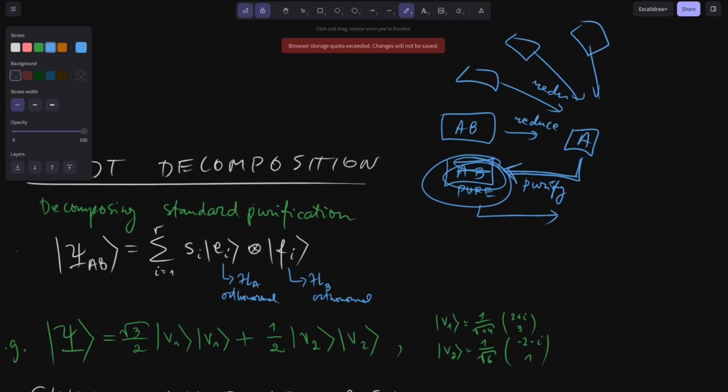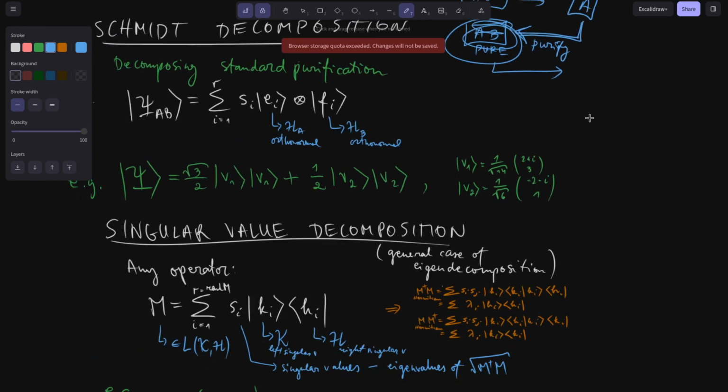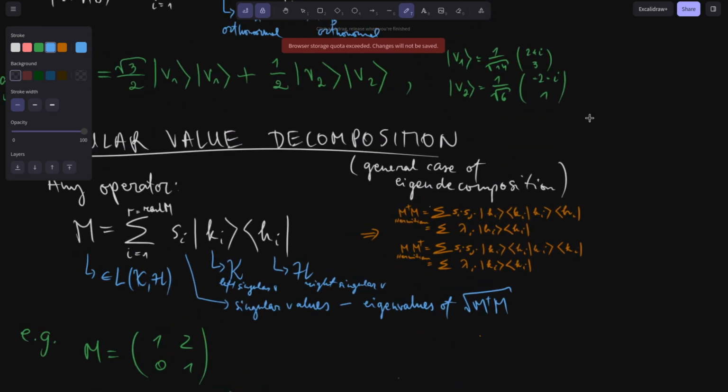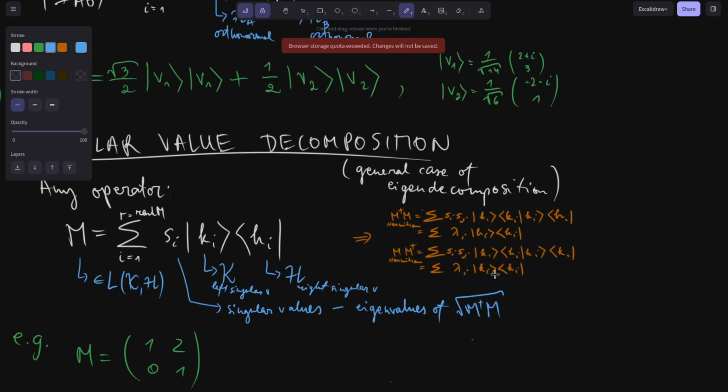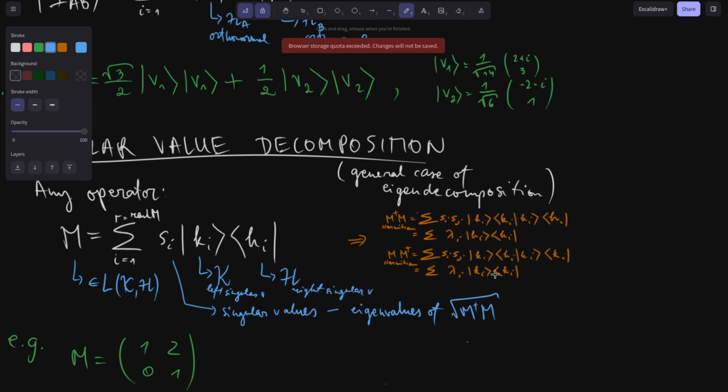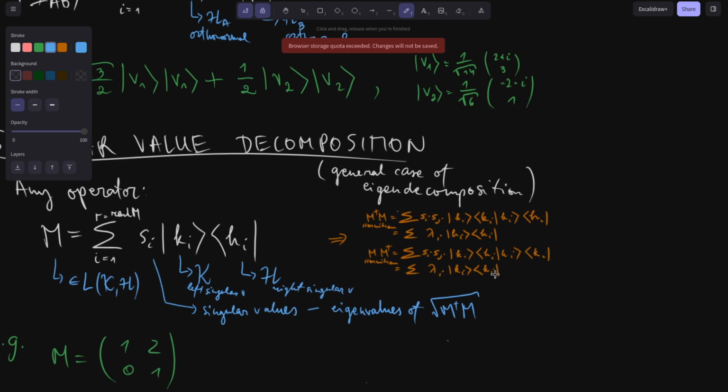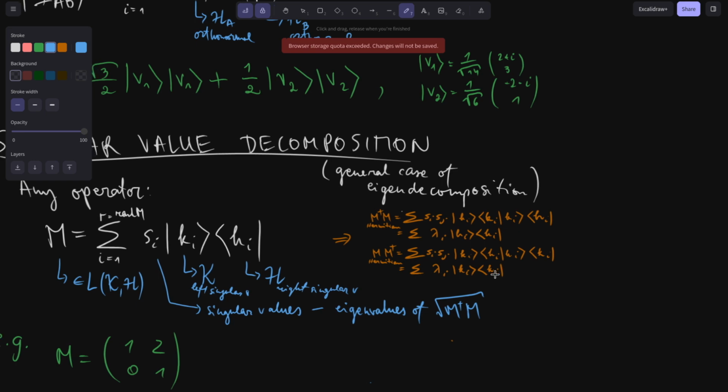And because of that, we have a way to decompose our pure state. By this definition, we can decompose in this way. And for operators, we can also decompose with singular values, so basically the same as eigendecomposition, which was for Hermitians.